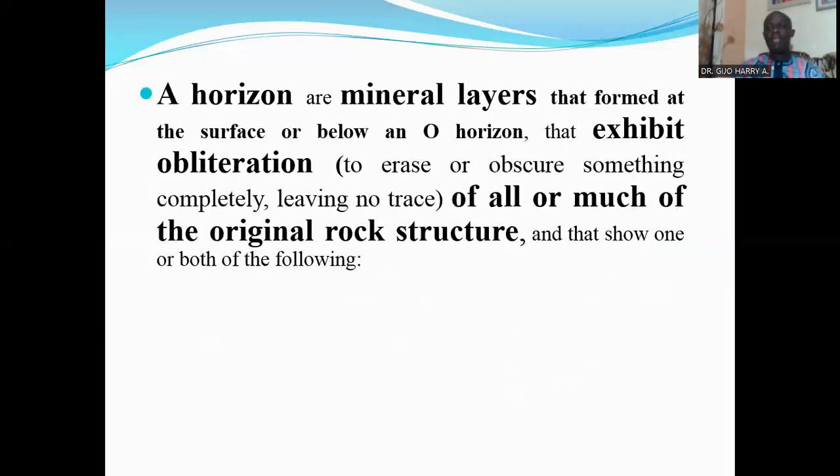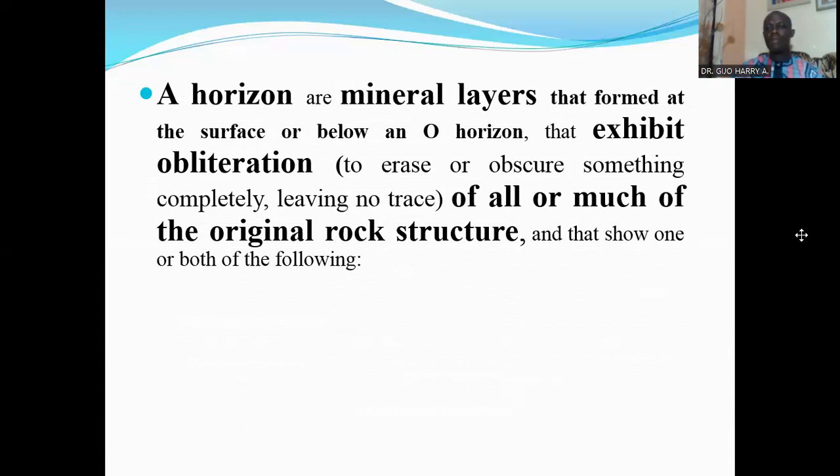The next horizon we want to look at is the A horizon. A horizons are mineral layers that formed at the surface or below an O horizon that exhibit obliteration of all or much of the original rock structure, and that show one or both of the following. They are usually made up of sand, silt, and clay.